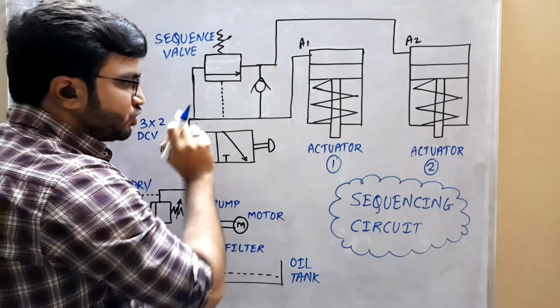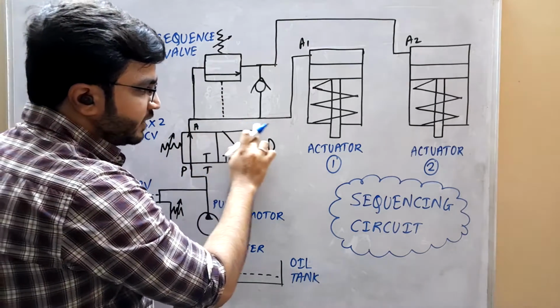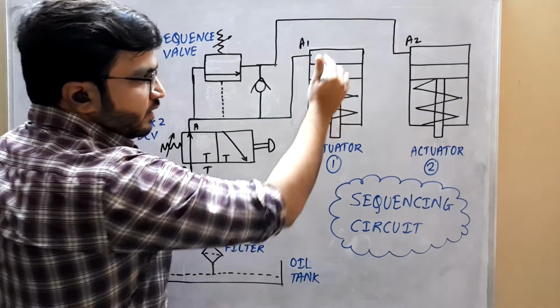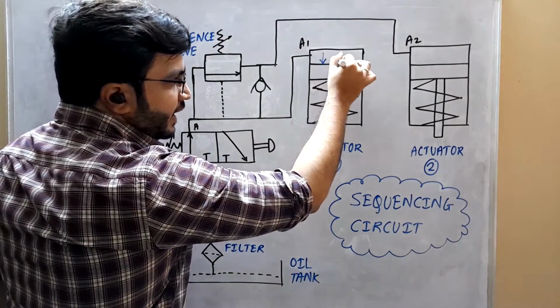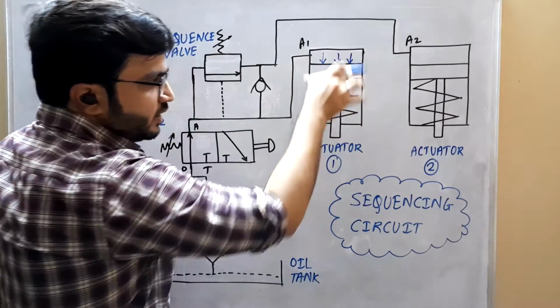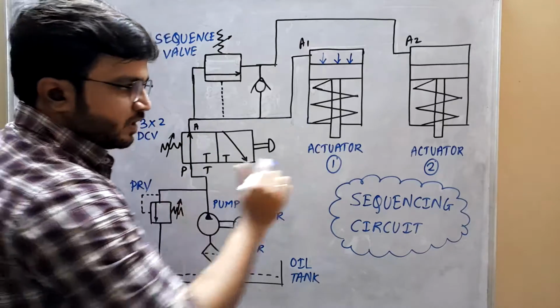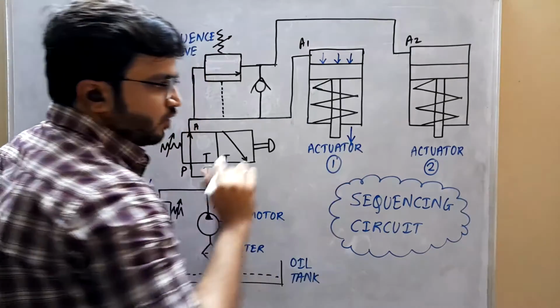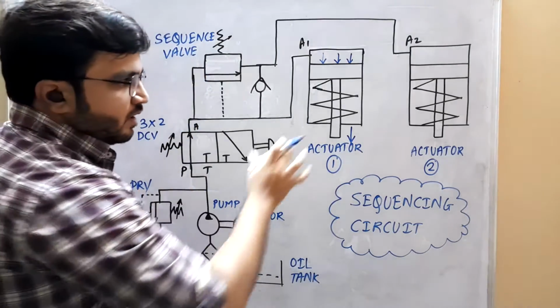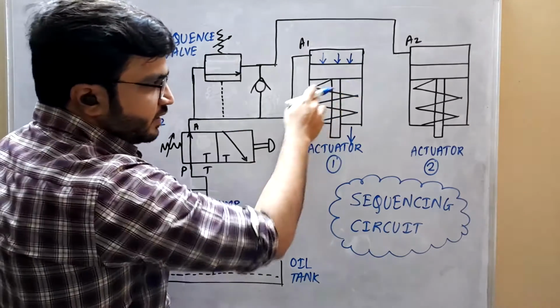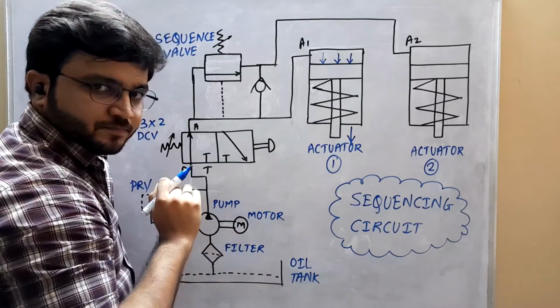Right? Because of this, the oil will be passing through this particular line and it will be entering the actuator 1. It will be applying the forces on the piston, which will cause the piston to move in the downward direction, and that is called as the forward stroke of the piston. Because of this forward stroke, or because of this movement of this piston, the spring will be getting compressed.